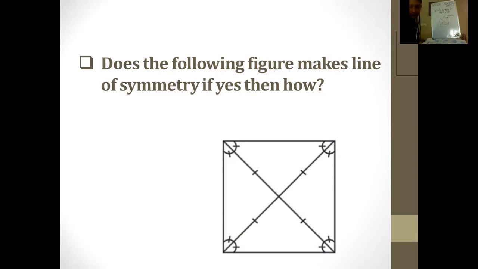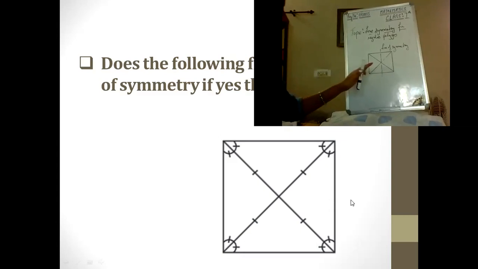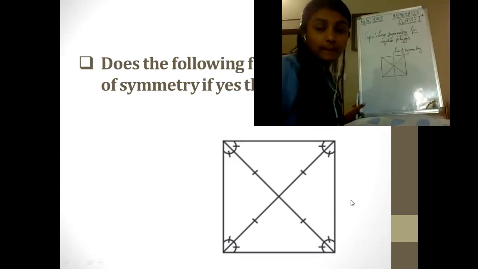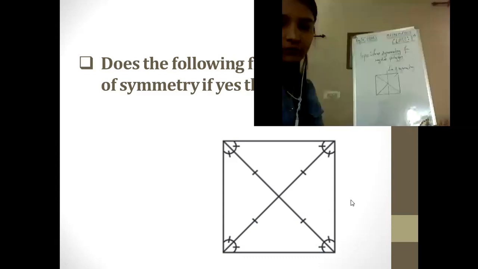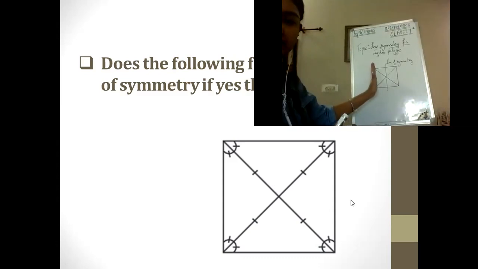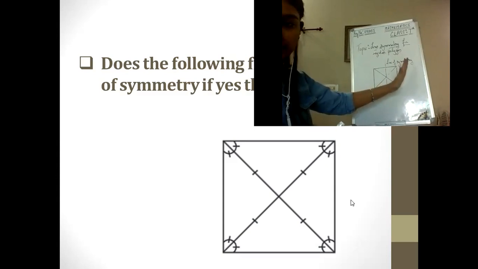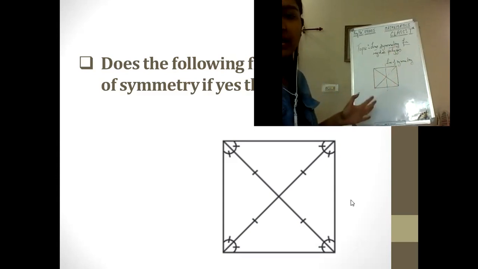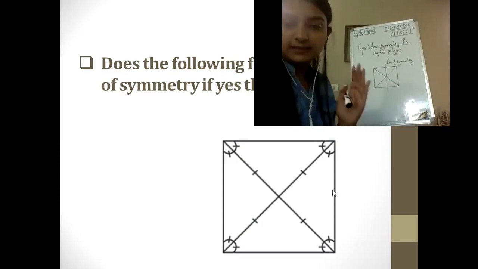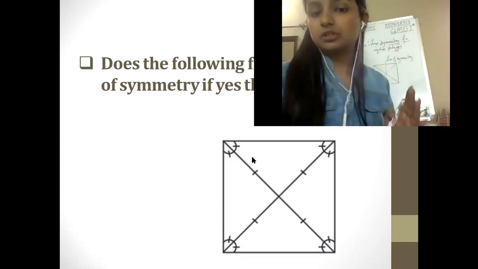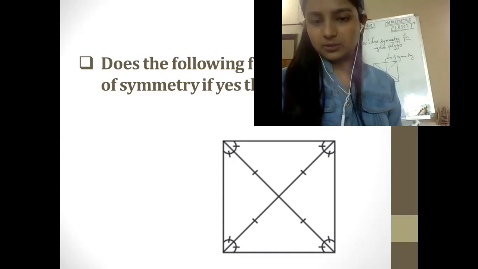This is what they have asked: does this square make a line of symmetry? What do you think? Of course, if I divide this, comparing the left-hand side with the right-hand side, we can see that it is making a line of symmetry. So the square shown in the figure makes a line of symmetry.